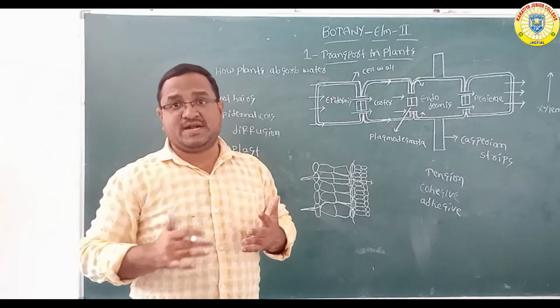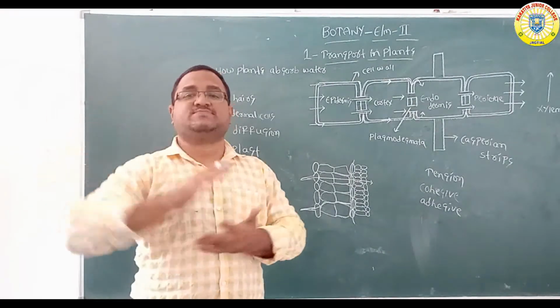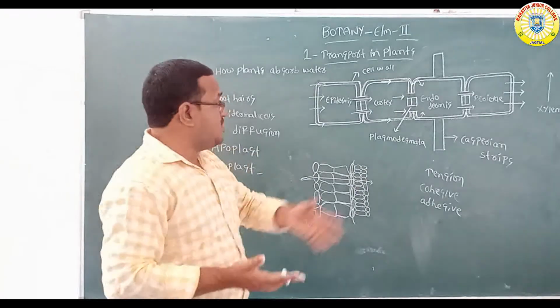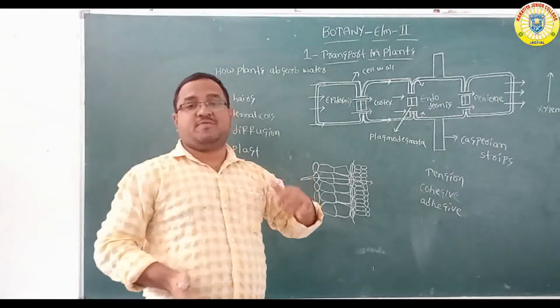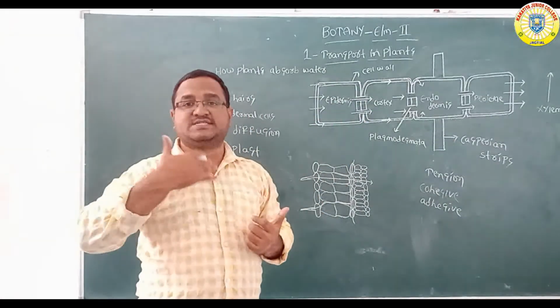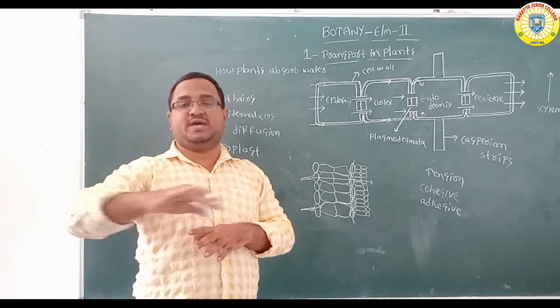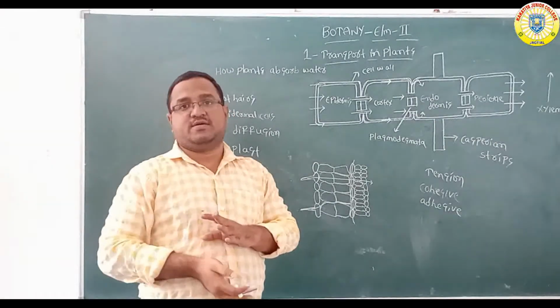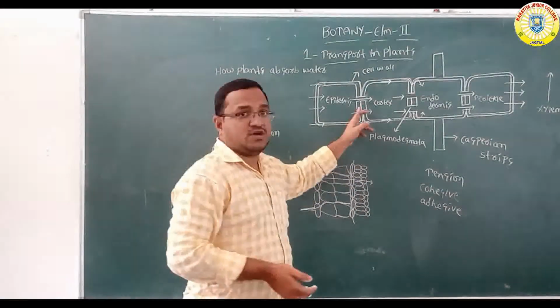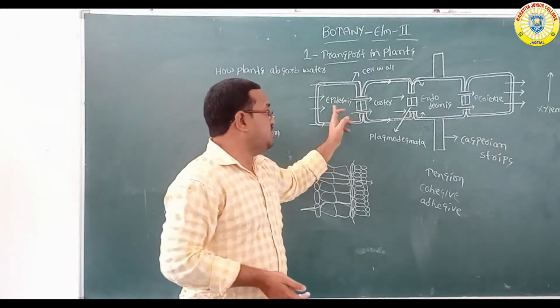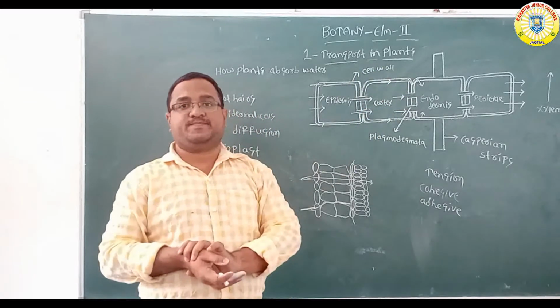The intercellular movement is carried out through plasmodesmata. But here the movement of water is very slow. Why? Because the water has to cross the cell membrane. That's why there is slow movement of water.